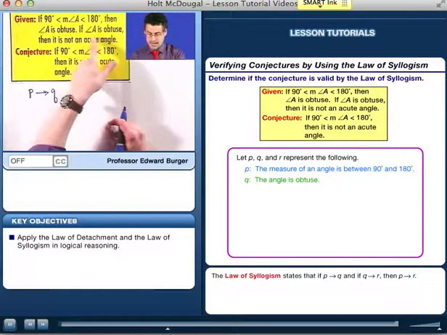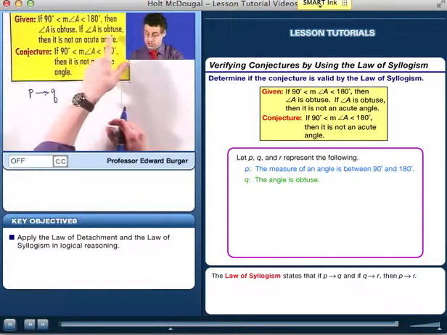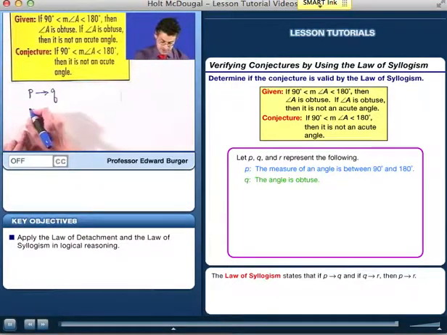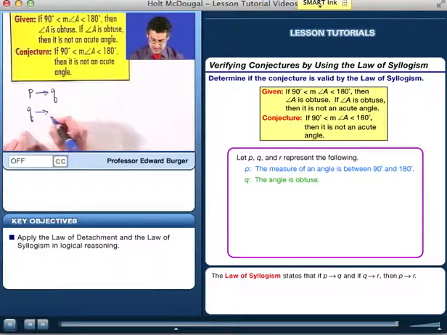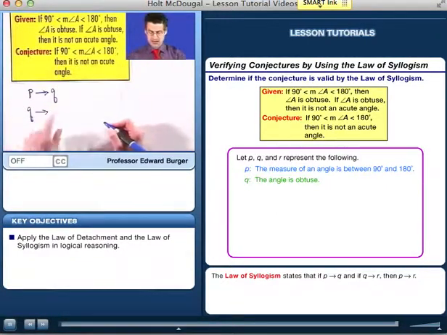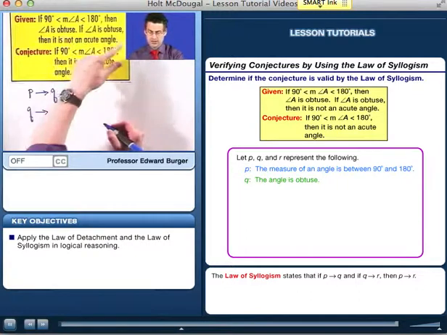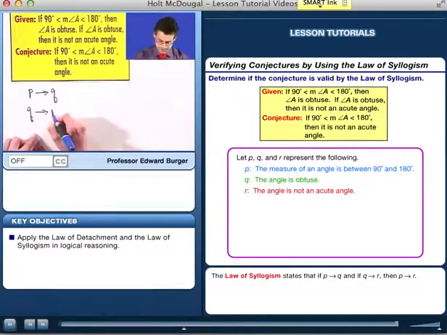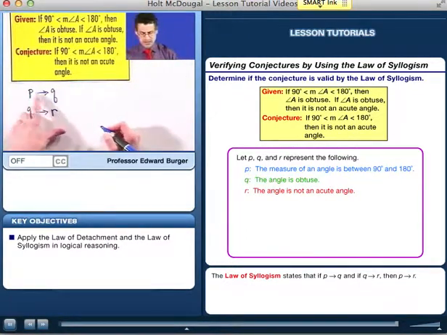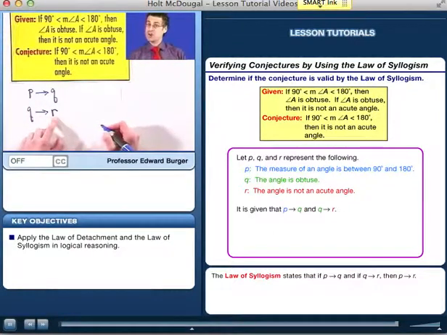If A is obtuse, that's Q, so we're given that Q implies, then it is not an acute angle. Let's call "not an acute angle" R. So we're given that P implies Q, and that Q implies R.